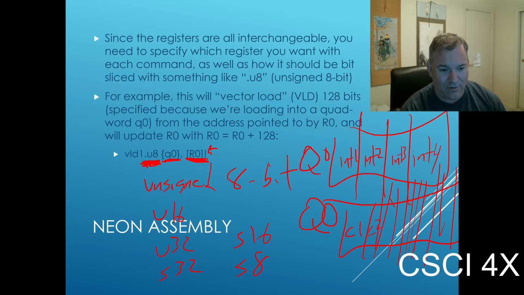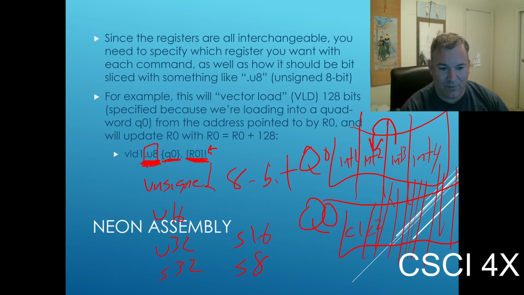Because it has to know, am I loading, well, for load it doesn't matter, but if you're doing an add, you have to know, am I adding 8-bit numbers, 16-bit numbers, or 32-bit numbers, because when they overflow, it needs to not affect the next column. You know what I mean? If integer 3 were to overflow into integer 2, that would be bad. And so anytime a bit tries to overflow like that, Neon stops it from overflowing.